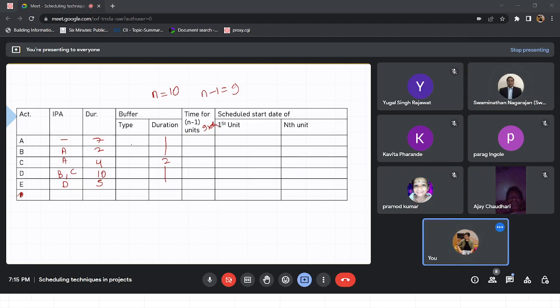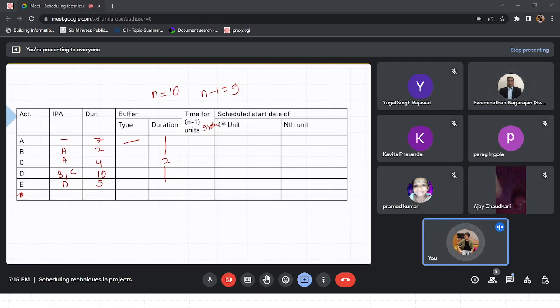Now, the question here is what type of buffer should we use? For A, there is no buffer, because that's the start of the activity. You assume the units are ready and the people can start. So A doesn't have any buffer. What about B?